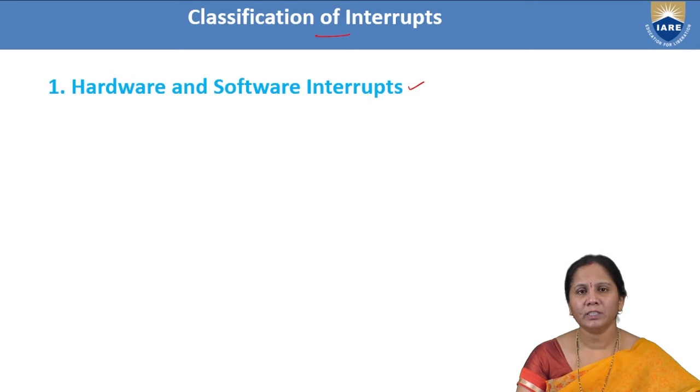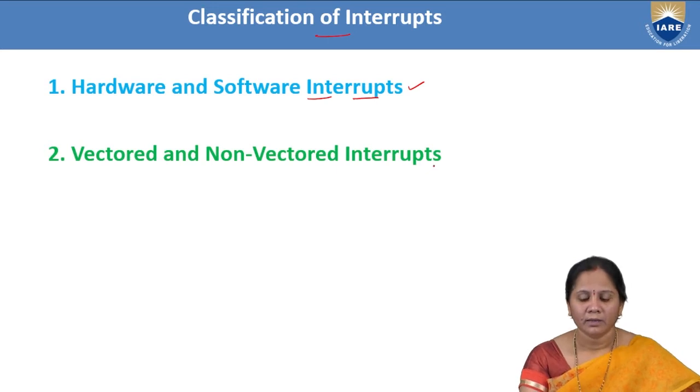As we know, in the 8086 microprocessor only two interrupt signals are there: one is INTR, interrupt request, and the other is NMI, non-maskable interrupt. Only two interrupt requests can be allowed from these pins, and they are called hardware interrupts. Software interrupts means the interrupts generated due to the instructions we have used in the program. That is why software interrupts are also called internal interrupts.